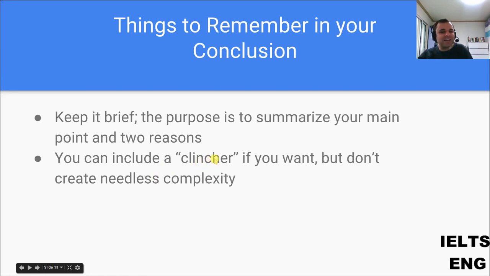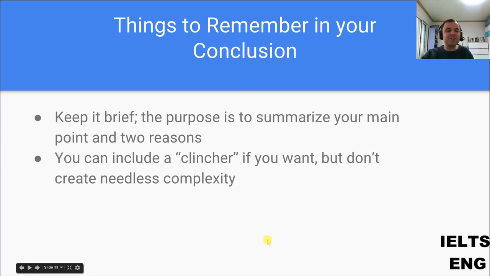You could include a clincher if you want, but don't create needless complexity. The clincher is a final sentence for your essay, which introduces your opinion one more time, just to make an overall point about the topic that's outside of your 2 reasons.